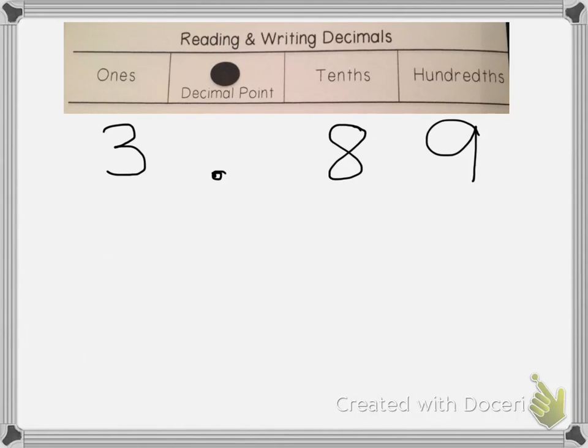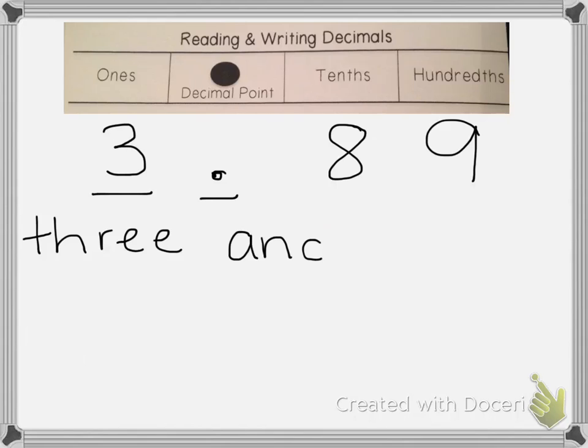Let's practice with another number. So the first thing we do is read everything to the left of the decimal point, our whole. So our whole in this one is 3. We say the word and when we get to the decimal point. Then we read the number to the right of the decimal point, so 89.